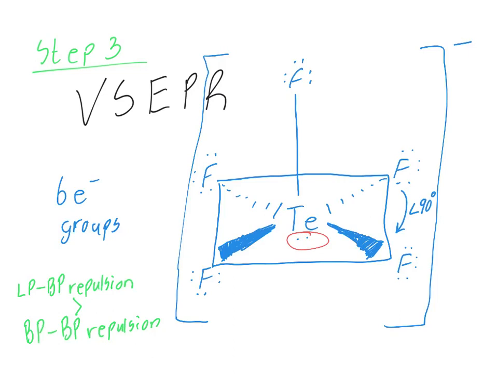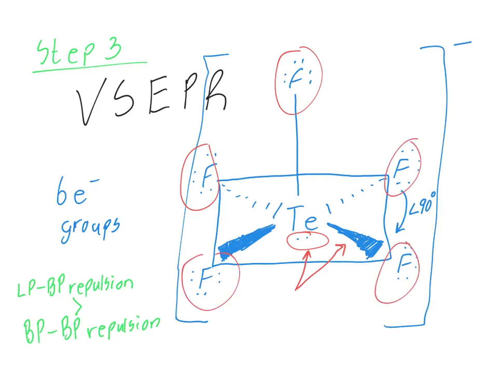What that simply means is that the repulsion between the lone pair and the bonding pairs it surrounds is greater than the repulsion between the bonding pairs of all the fluorines surrounding the central atom. So that's why we write this little statement in, so that it describes the relationship of the repulsion.